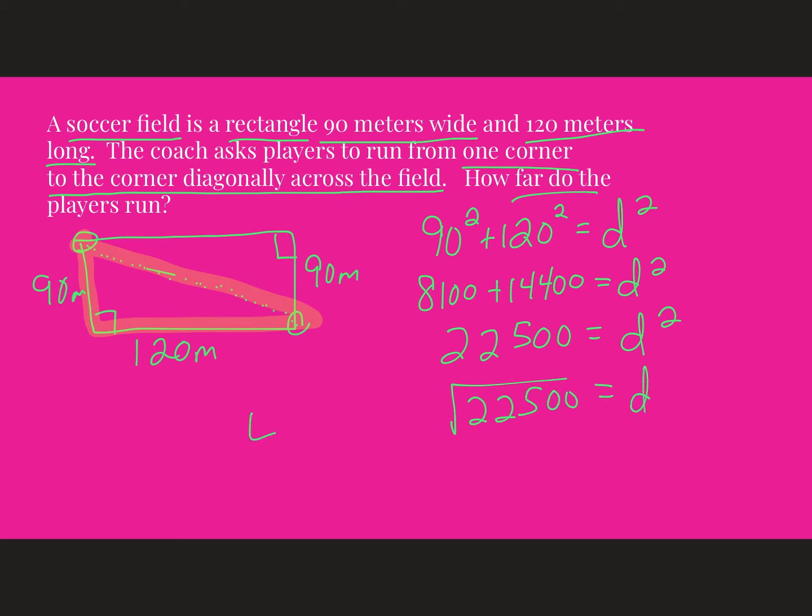And now that's, again, our exact answer, but I have no clue how far that is, right? So we're going to take that and put it into the calculator, find the square root of 22,500. And in this case, it is 150. So that is exact as well because it gave us an exact answer. So it's 150 meters that they're running from one corner to the other.